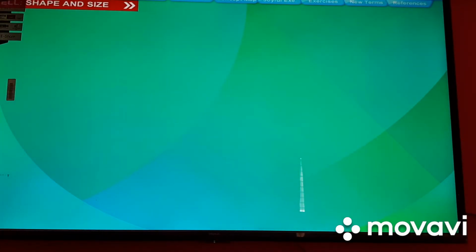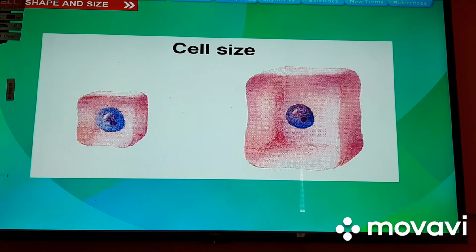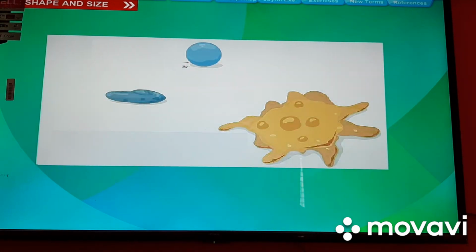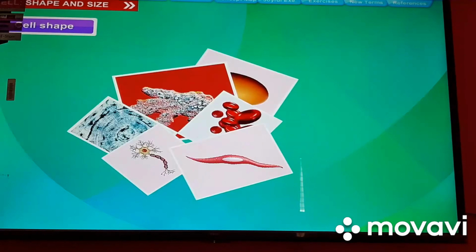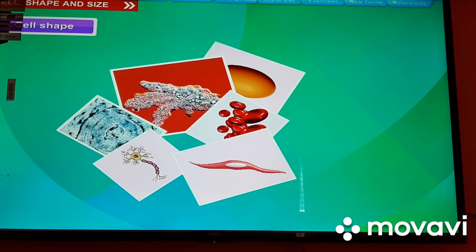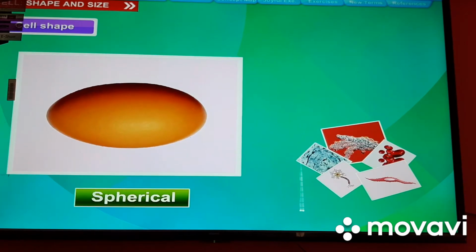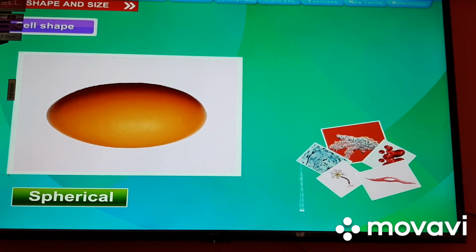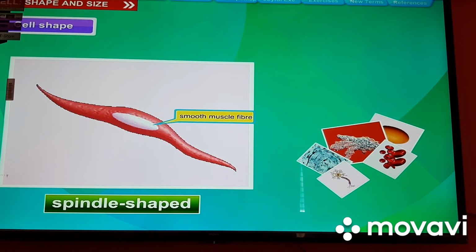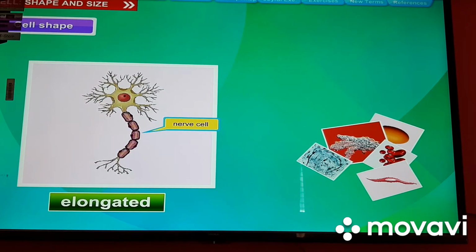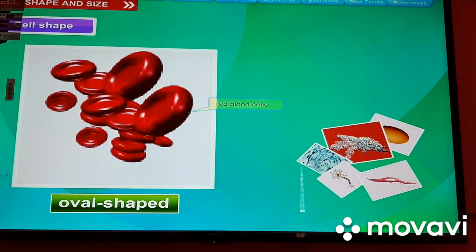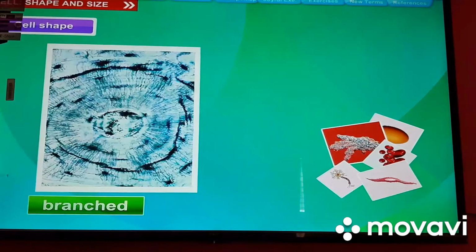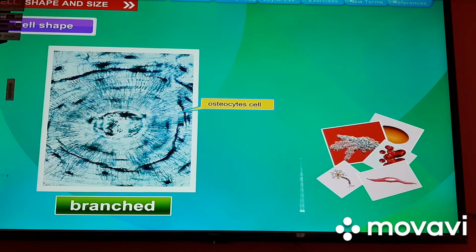Cell shape and size. Different organisms have different kinds of cells. Cells show variation in their shapes and sizes. The shape and size of cells depend upon the specific functions performed and not on the size of the organisms. Cell shape: cells show great variation, such as spherical, eggs of many animals; spindle-shaped, smooth muscle fiber; elongated, nerve cells; oval-shaped, red blood corpuscles; branched, osteocytes; and so on.